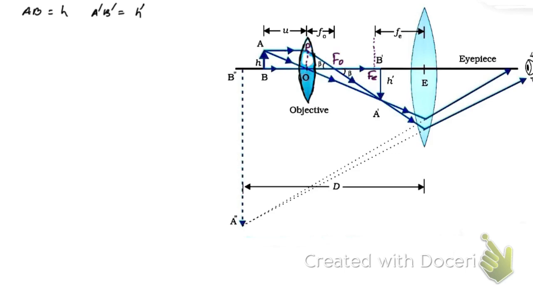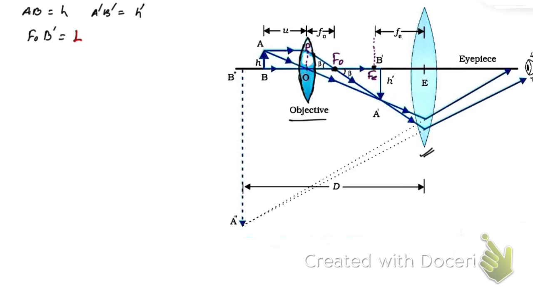This length from F0 to B', you can see, is L. This point F0 is the focus point of the objective lens, and FE is the focus point of the eyepiece.